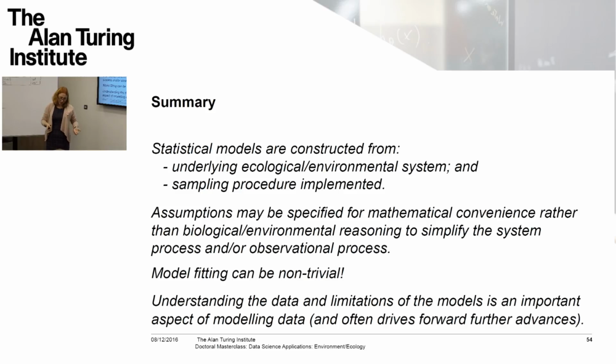It's useful to split into two parts. One is what's really going on in the system process, what's driving those changes over time if it's a temporal system. And then given what's really happening at ground level, what are you observing given what's truly there? So split out the processes.